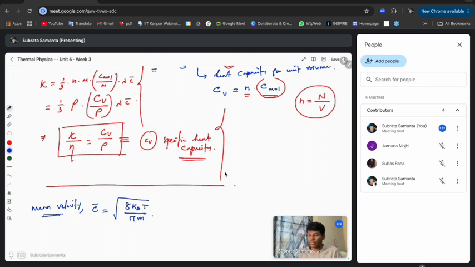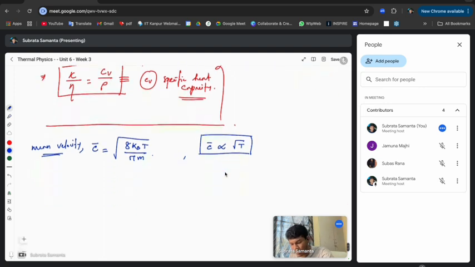So C average is proportional to square root of T. This is important. I also discussed it in the week one teaching. From this expression it is easy to see that C average is proportional to square root of T.